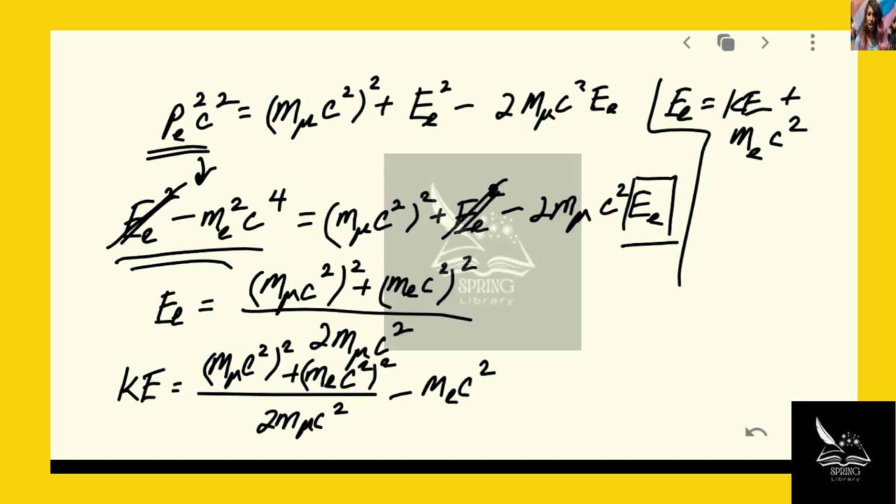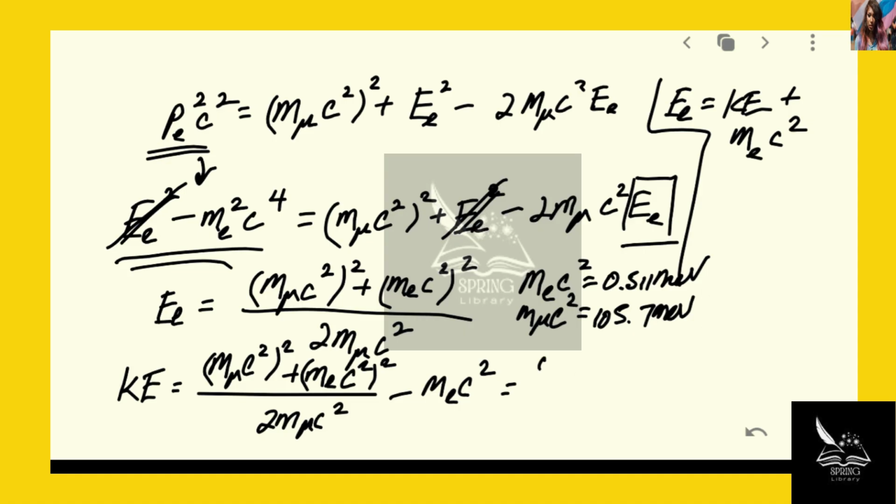And now what we have to do is to substitute the rest energies in. The rest energy of the electron is 0.511 MeV. The rest energy of our muon is 105.7 MeV, and that's all we really need.